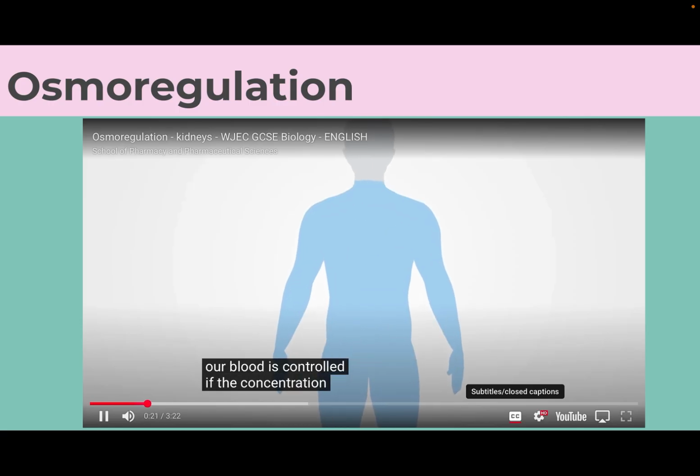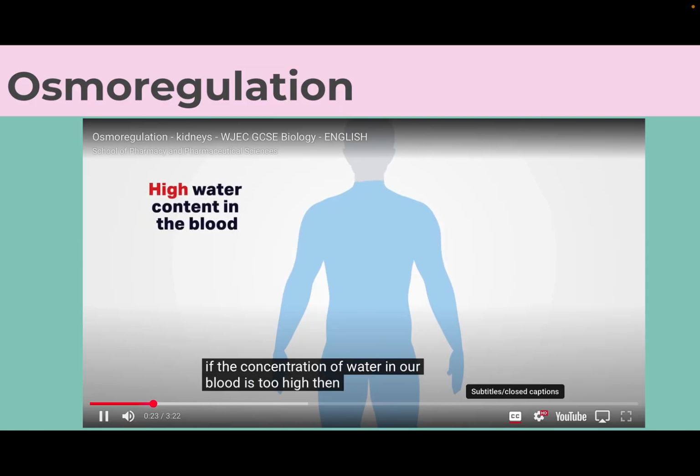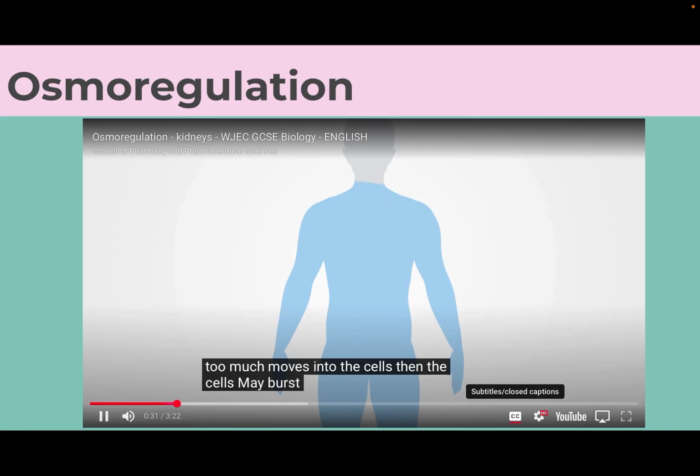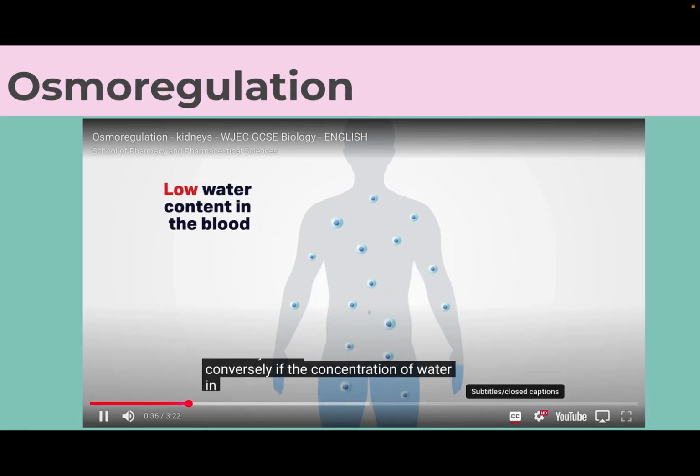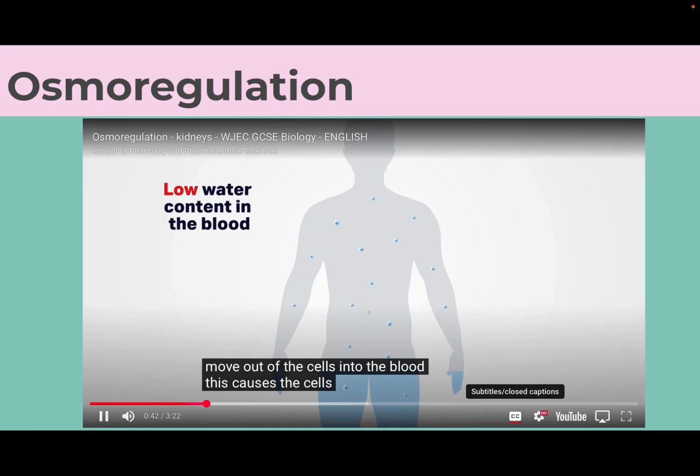If the concentration of water in our blood is too high, then water will move into the body cells by osmosis. If too much moves into the cells, then the cells may burst. Conversely, if the concentration of water in our blood is too low, then water will move out of the cells into the blood. This causes the cells to shrink.